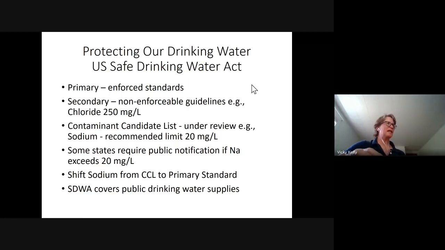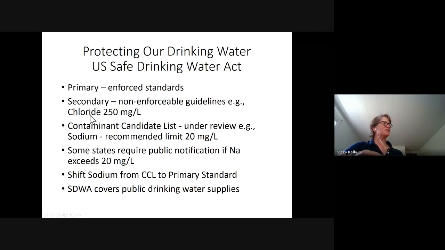Another tack that we could take is to beef up our protection of our drinking water. Our drinking water is protected by the Safe Drinking Water Act. It has primary and secondary standards, and then this contaminant candidate list. The primary standards are enforced standards. The public drinking water supplies can't go over the concentrations of those chemicals that are listed as primary standards.